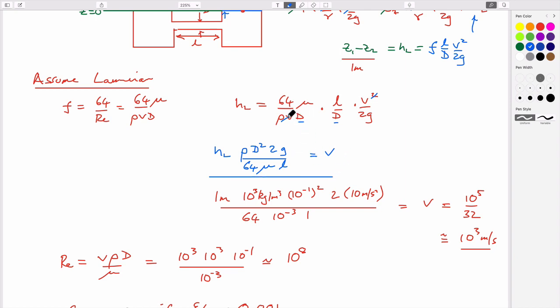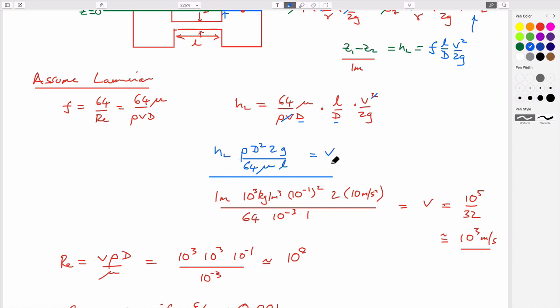And the reason for that is that when you substitute in the value for the friction factor, it includes the Reynolds number, which includes the velocity, and one of these velocities cancels out, and so you get rid of it and solve directly. And so if you know for sure it's laminar, then you can solve in one step to get the magnitude of the velocity.